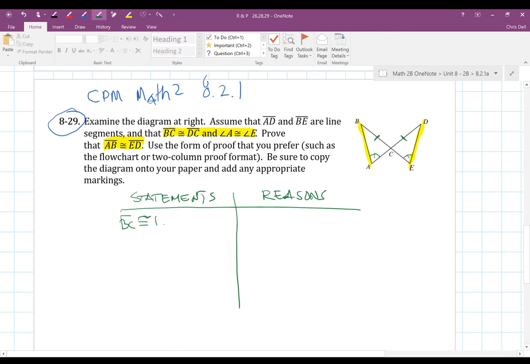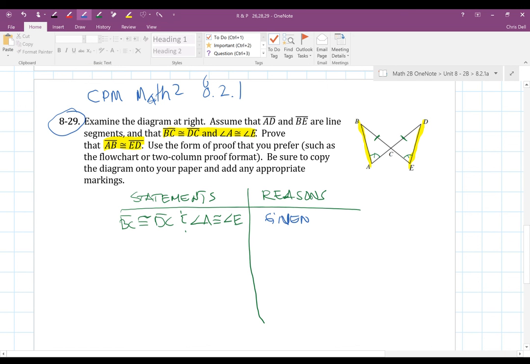BC is congruent to DC, and on the same line, angle A is congruent to angle E. And then what would our reason be? Our reason would be given, because we were given that information.